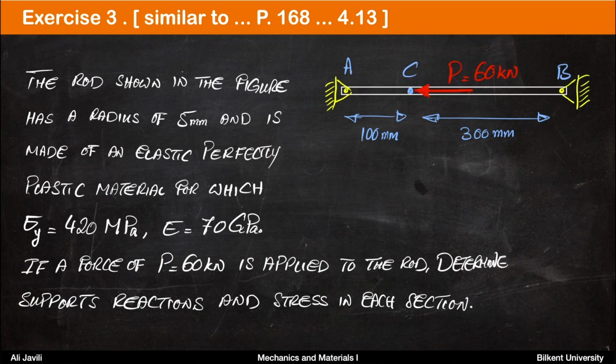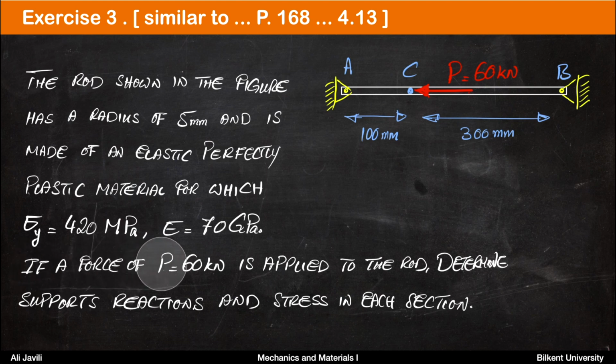The third and the last exercise of today's lecture is similar to problem 413 on page 168 of the book. The rod shown in the figure has a radius of 5 millimeter and is made of an elastic, perfectly plastic material for which yield stress is 420 megapascal and elastic modulus, or Young's modulus, is 70 gigapascal.